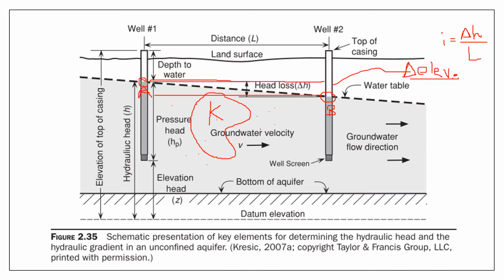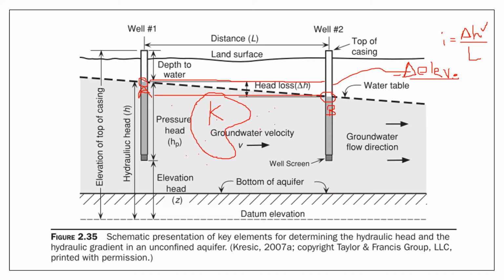This is just valid for unconfined aquifers, and we will be discussing other variations later on. But for now, let's just accept that the hydraulic head loss can be approximated by the difference in elevation of the water tables. So you now have delta H, and then finally your length of flow is your L, or your distance.